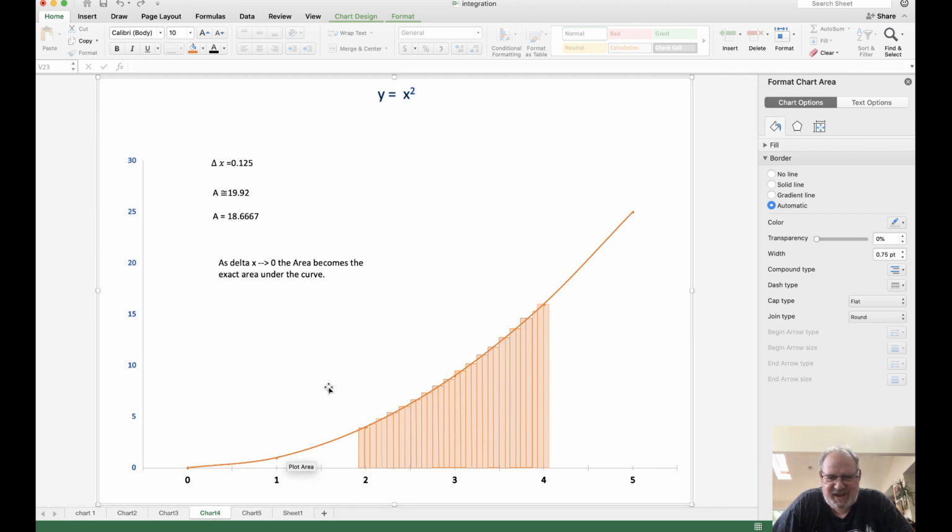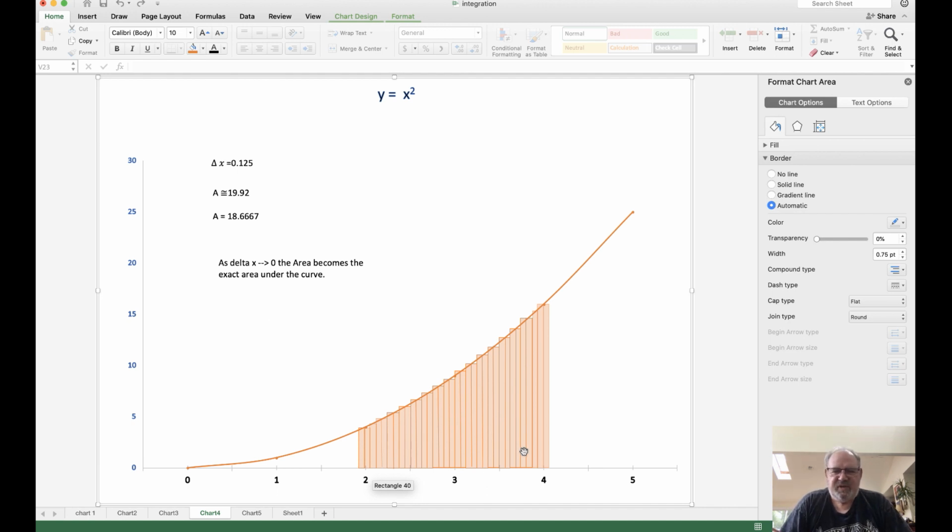So at least you get the idea conceptually, and you can see that as the base of these rectangles gets smaller and smaller, the error becomes smaller and smaller, and it becomes more exacting as representing the area under the curve between the 2 points.